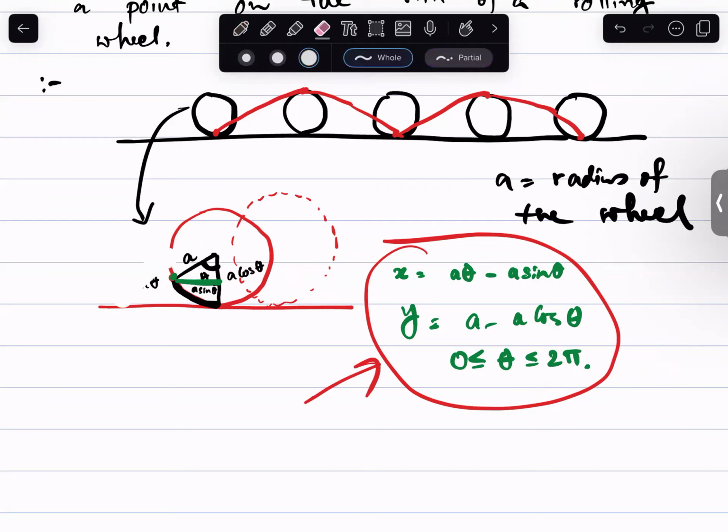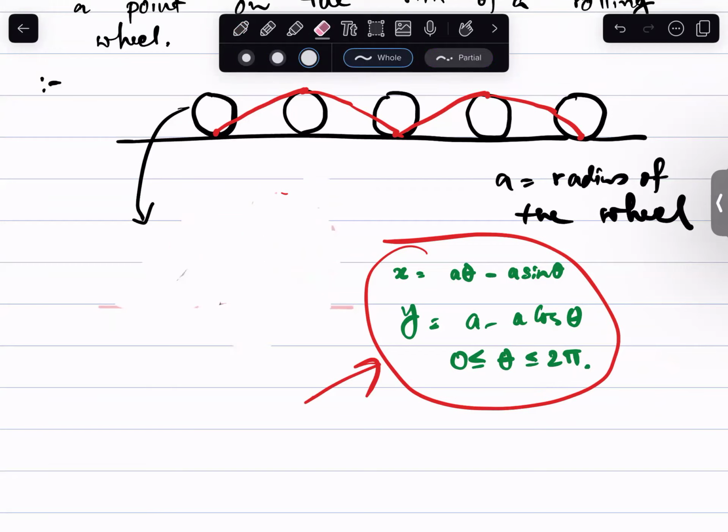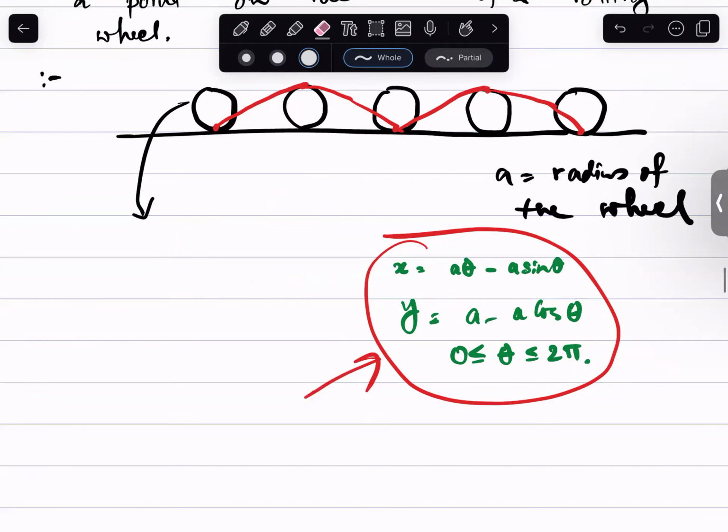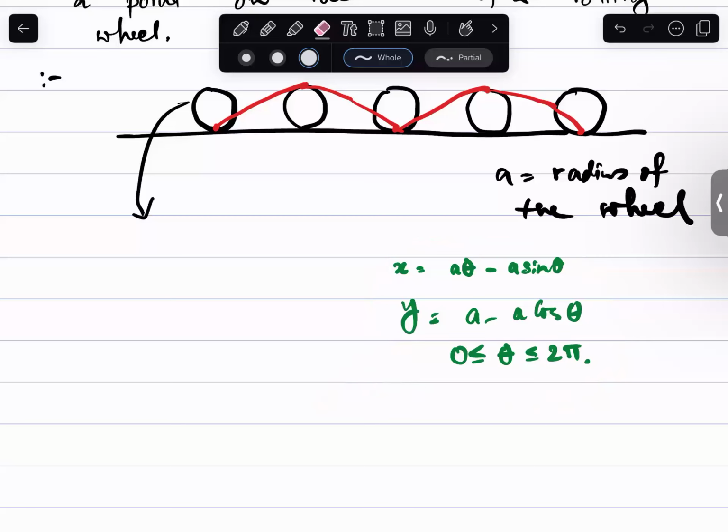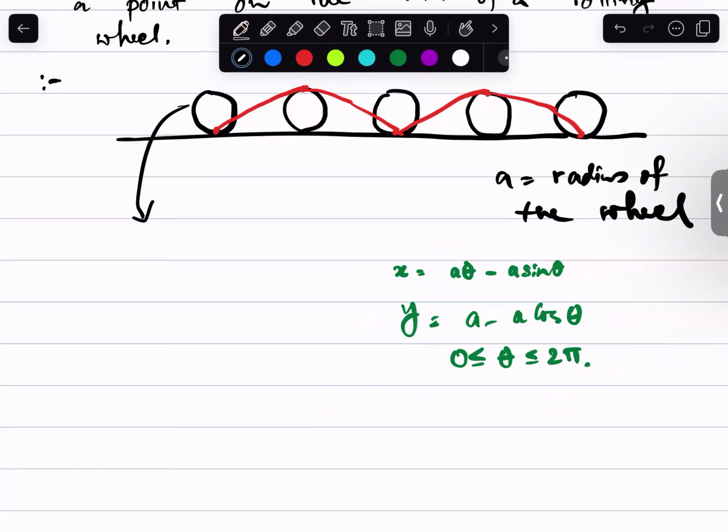I'm skipping this portion for now. Just remember the parametric equation formula for the cycloid will be this.